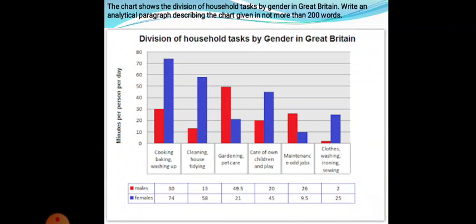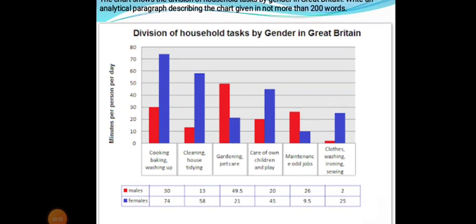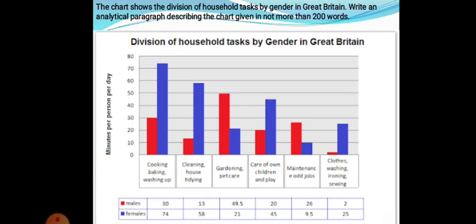Now, let us move towards the next question. The chart shows the division of household tasks by gender in Great Britain. Write an analytical paragraph describing the chart given in not more than 200 words.